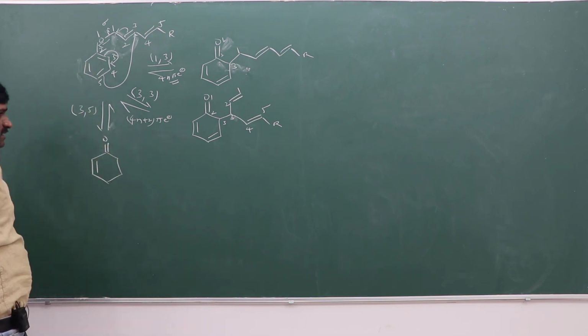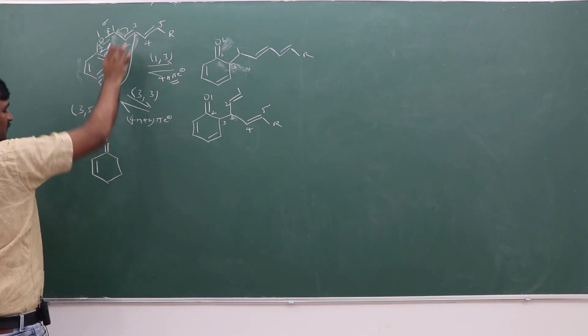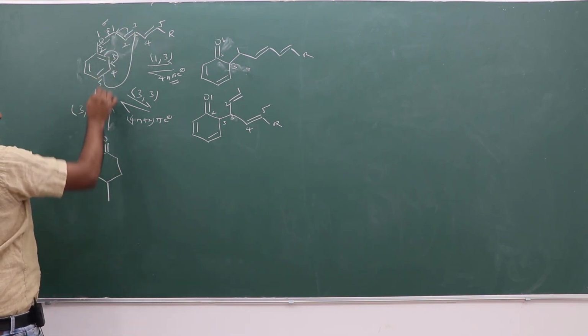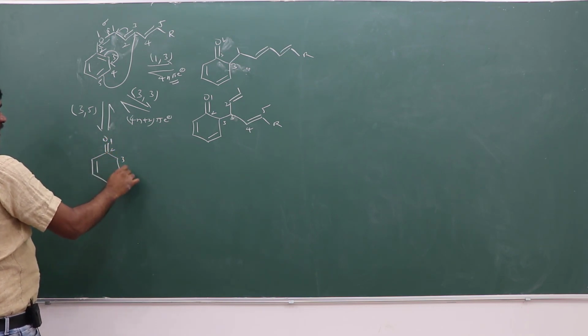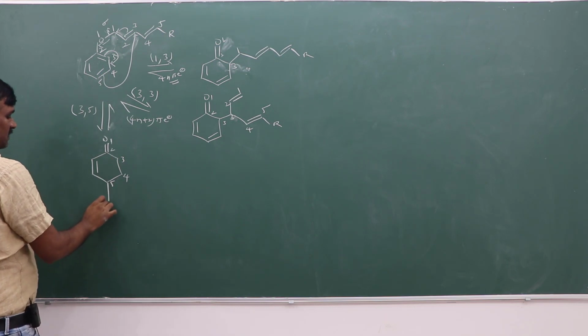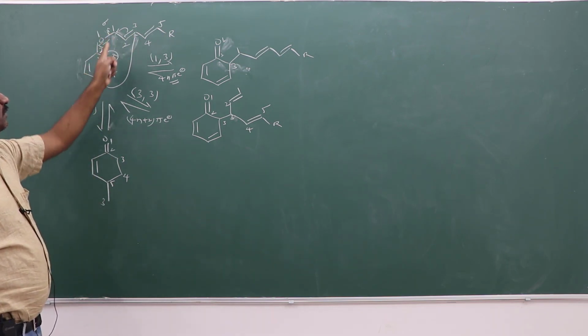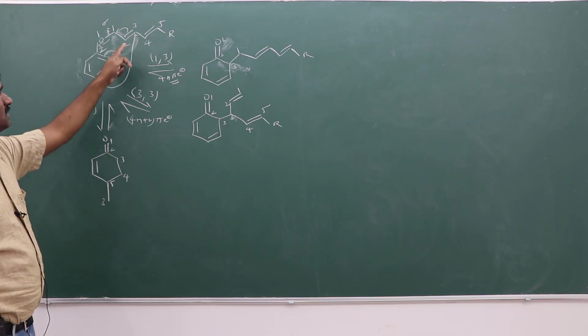This bond is not changed. This is the 6,7 pi bond. It is not going to be changed. Here 1, 2, 3, 4, 5. Sigma bond formation takes place between the 5th and 3rd positions. The sigma bond migrates from the 1,1 position to the 3,5 positions.